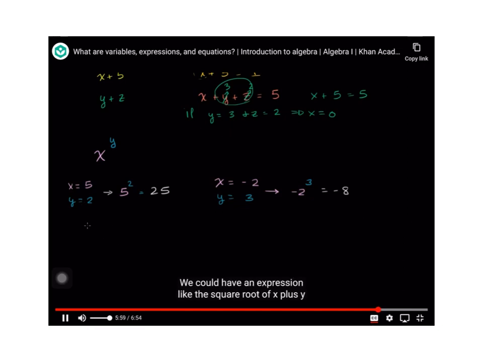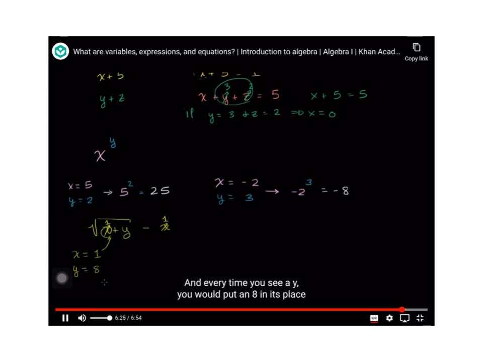We could have an expression like the square root of x plus y and then minus x, like that. If x is equal to 1 and y is equal to 8, then this expression would evaluate to, well, every time we see an x, we want to put a 1 there. So we would have a 1 there, and you would have a 1 over there.